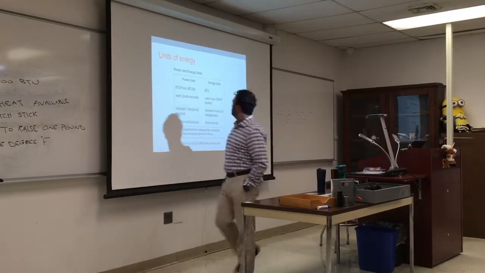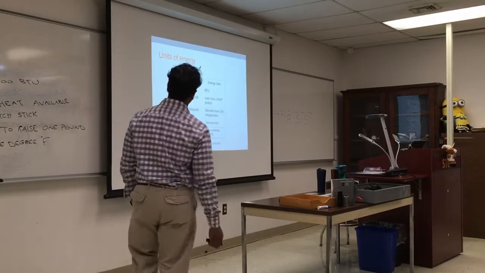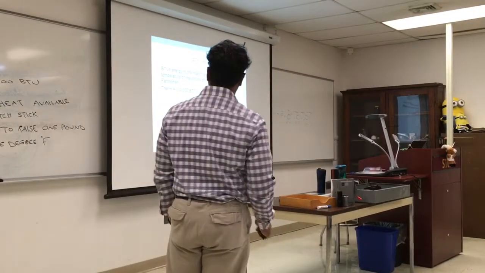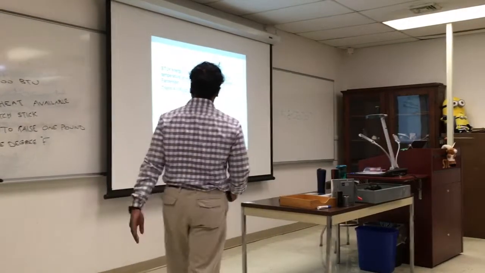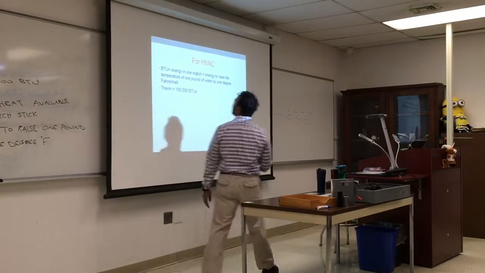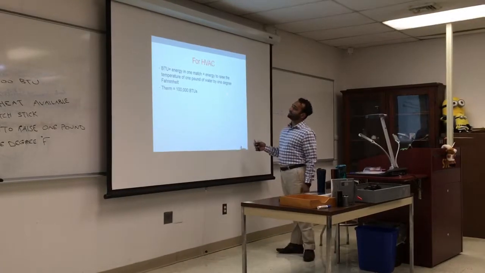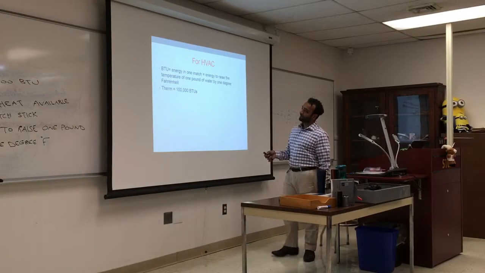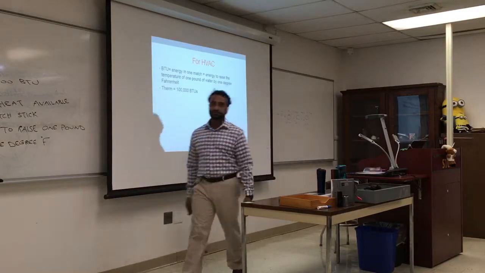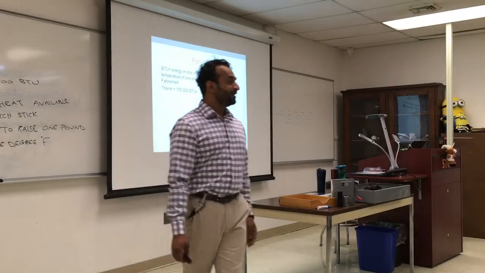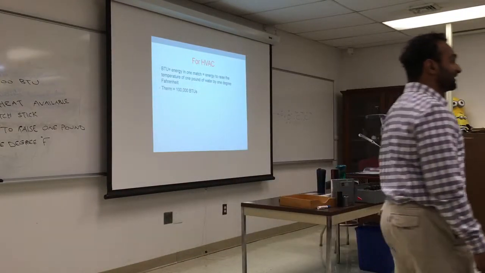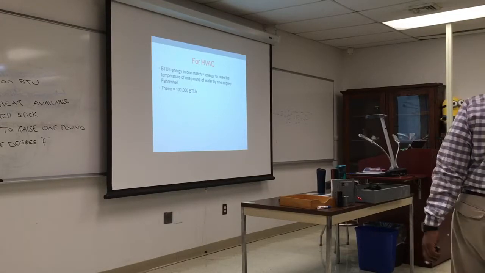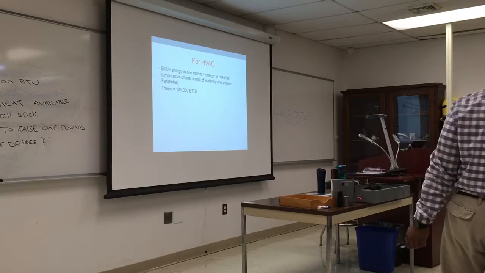I think 33,000 BTU. So it was here already, I got it right. Energy in one match. Energy is the temperature of water, 1 degree Fahrenheit. A therm is 1,000 BTU. It's okay. The repetition is good. It makes perfect.